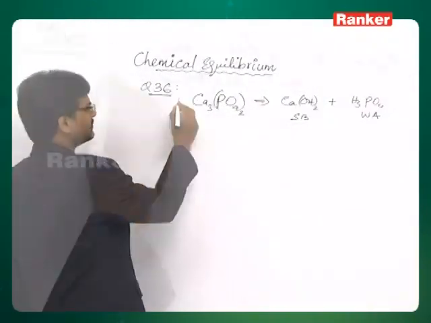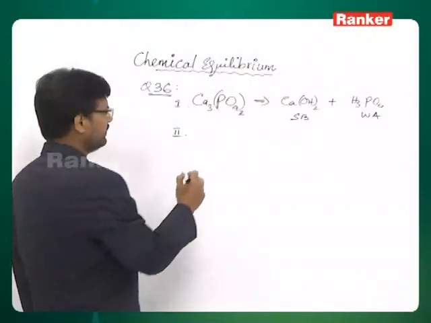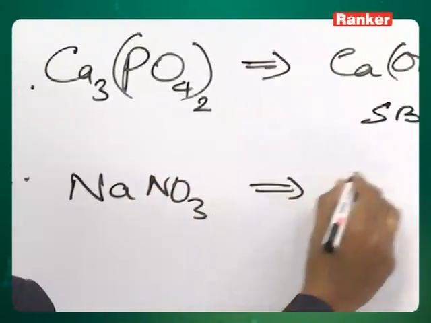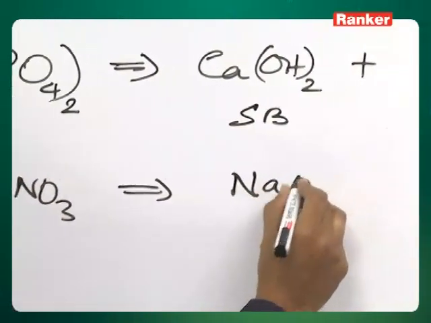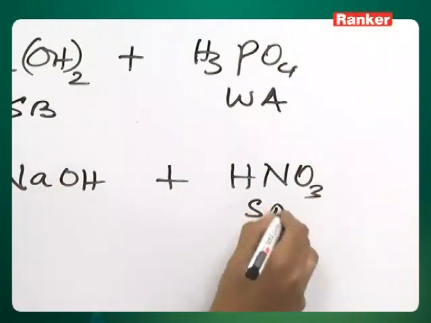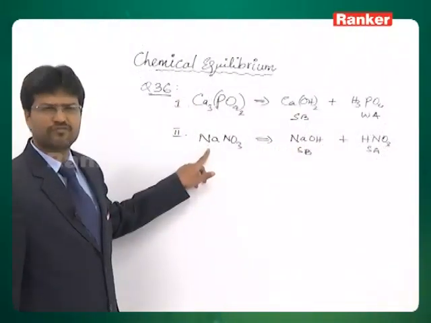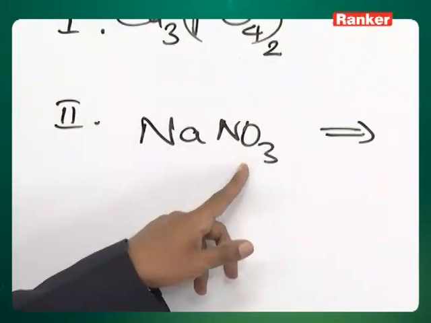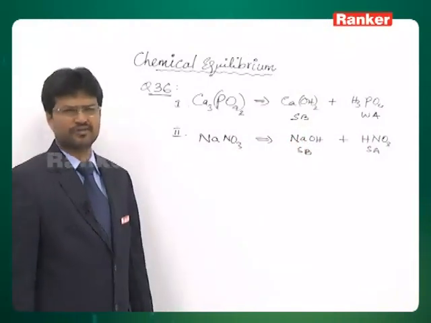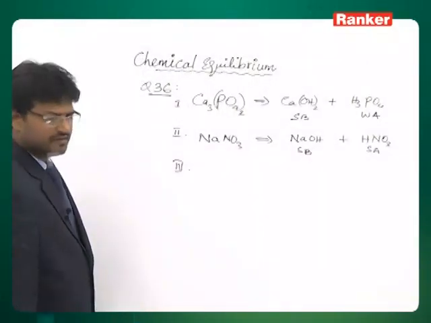Next one is NaNO3. This is a salt of NaOH, a strong base, and HNO3, a strong acid. See, it's just a matter of giving the appropriate number of OH to the cation and the appropriate number of H to the anion and getting the corresponding acid or base. Number 3 in the list is CuSO4.